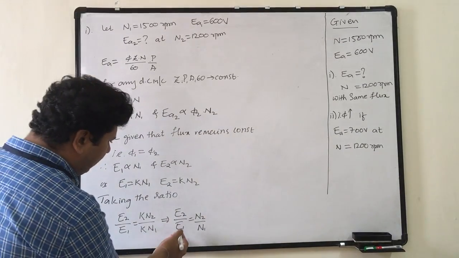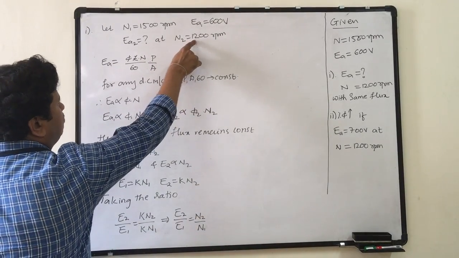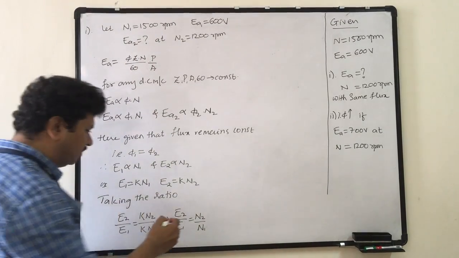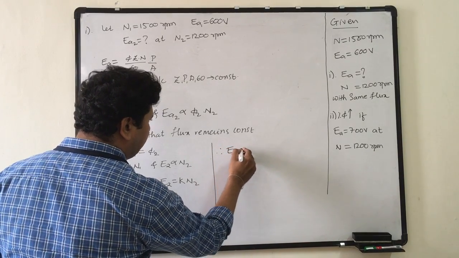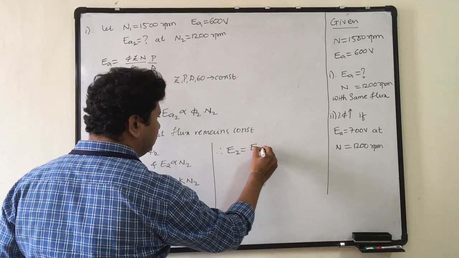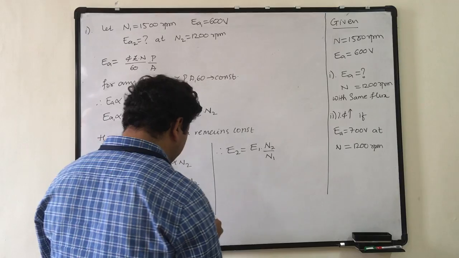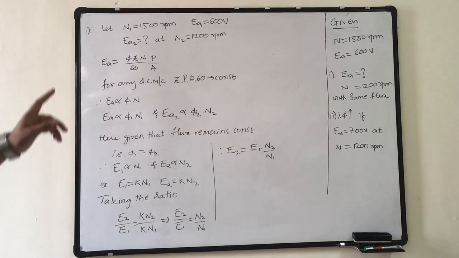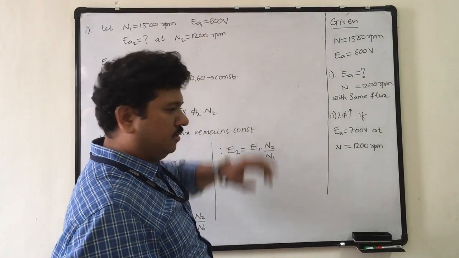Now, I know E1 is 600 volts, N2 is 1200, N1 is 1500. I can calculate E2. Therefore, E2 is equal to E1 into N2 by N1. It is evident that the second speed is less than the first speed, so the induced EMF should be less than 600 volts.